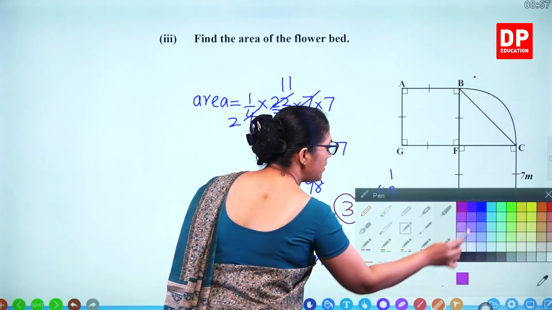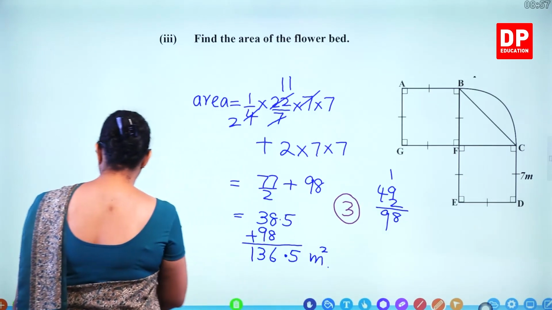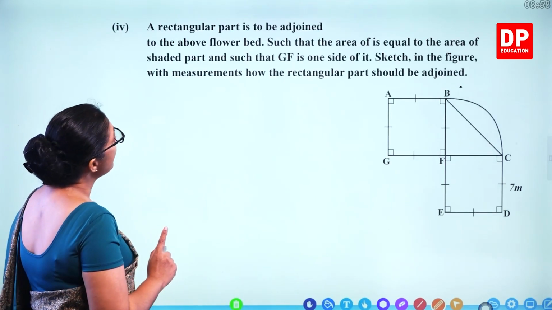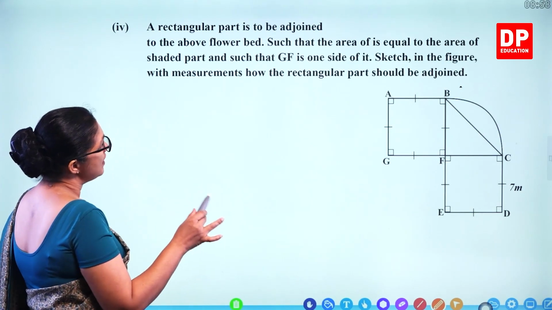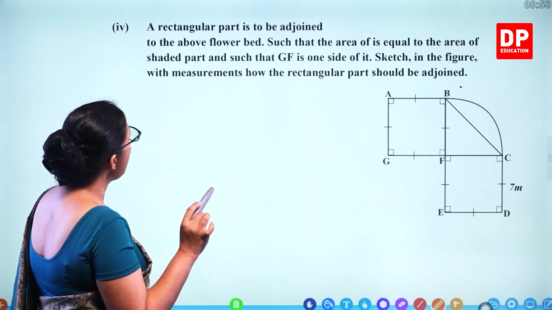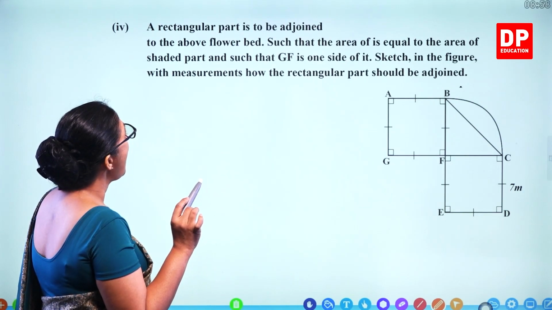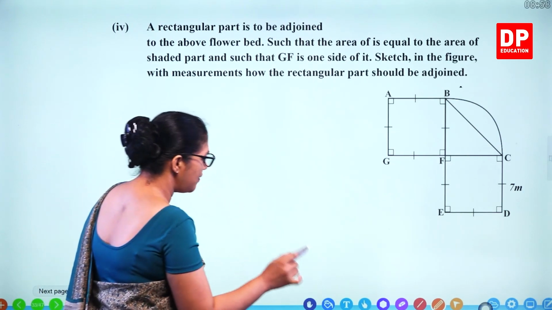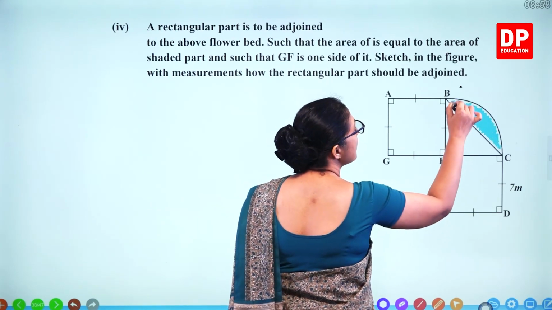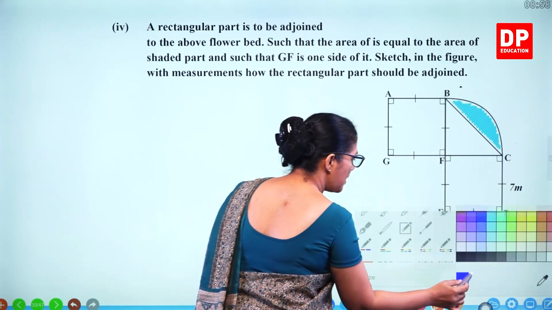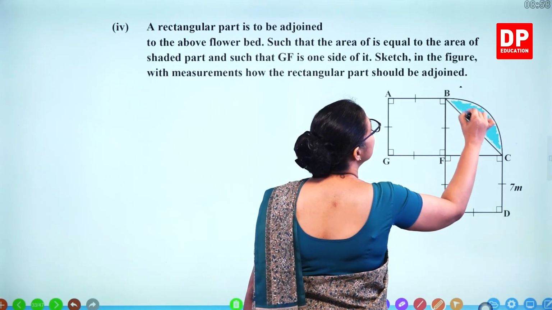Let's do the next one. A rectangular part is to be adjoined to the above flower bed such that its area is equal to the area of the shaded part, and such that GF is one side. So here the shaded part is this.